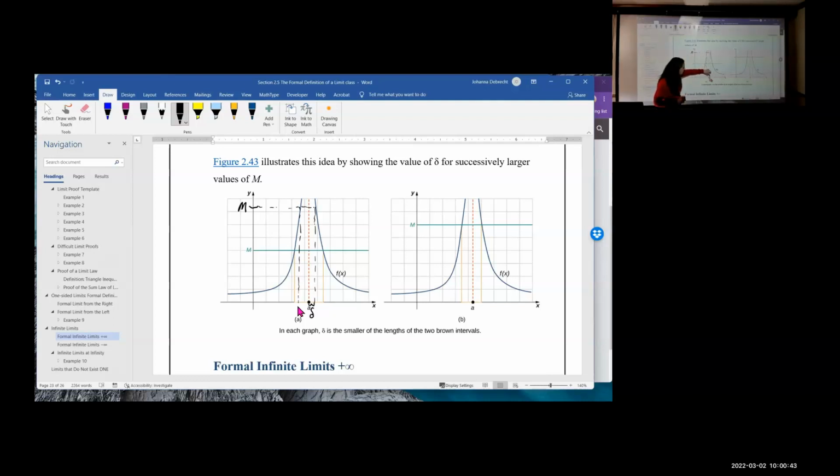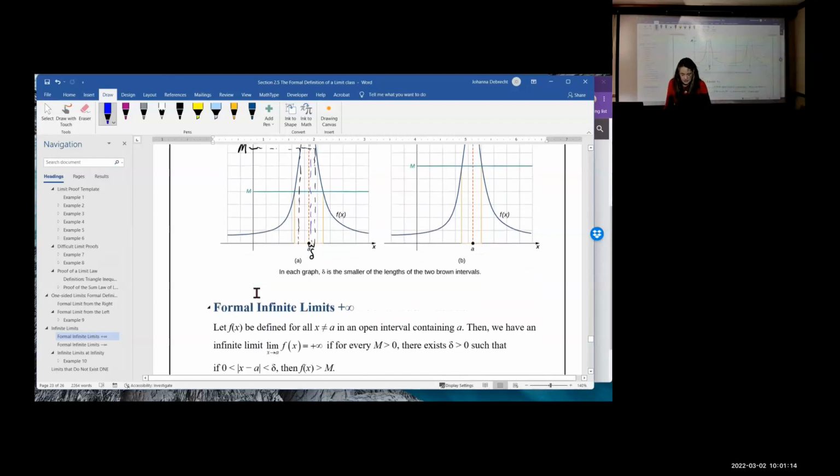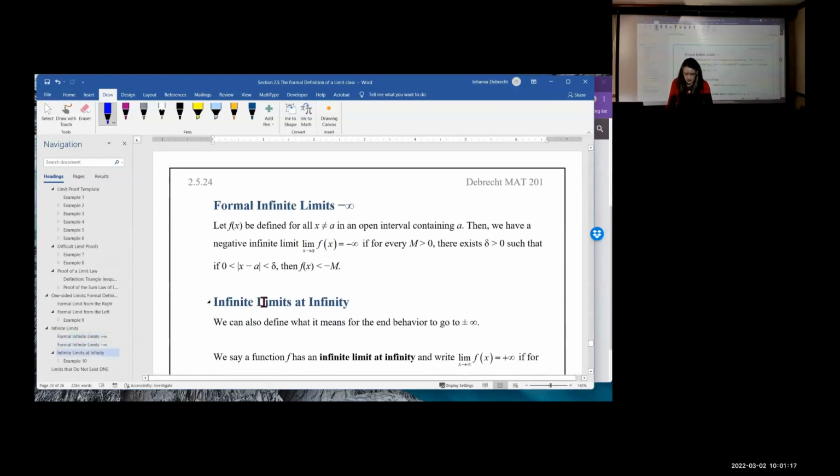They create distances from A, and I choose the smaller distance to be delta. And then as long as the x values are closer to A than that delta, then their value is going to be bigger than M. They're going to go up even higher. So if I choose this value in here, which is closer, it's off my screen, it's so high. As long as you choose that, it will definitely go up. That's the idea of the formal limit for infinity.